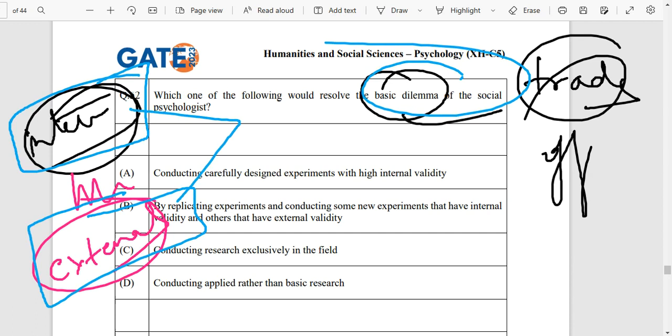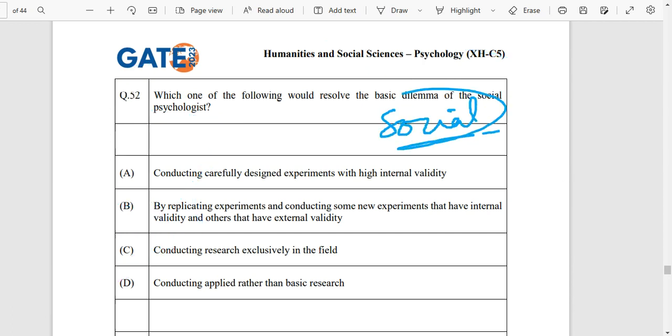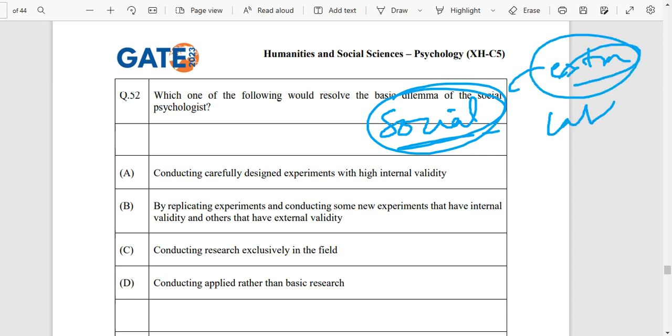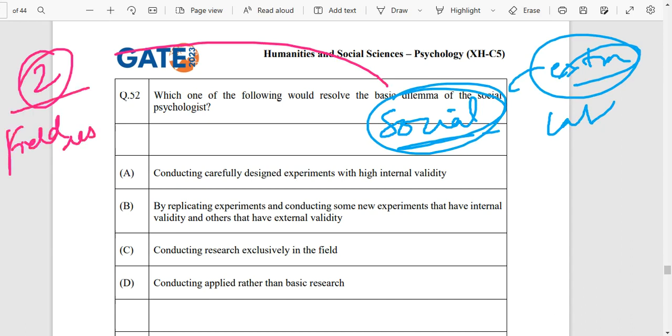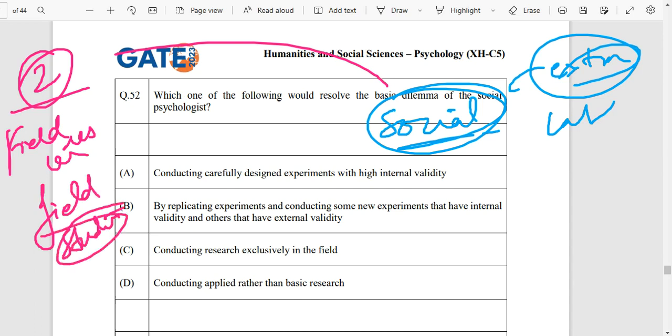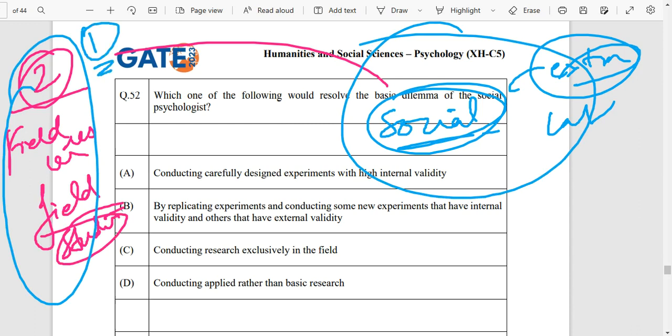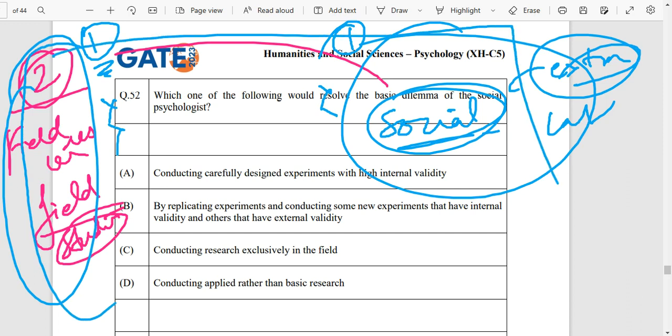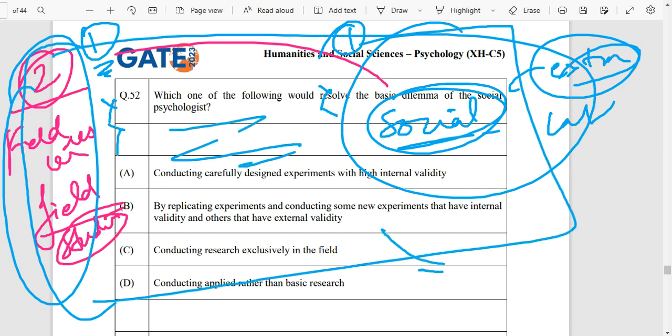So what social psychologists do is control extraneous variables in lab settings, and others do field research or field studies. But neither is successful single-handedly; both taken together make a perfect experiment. That is what is believed.